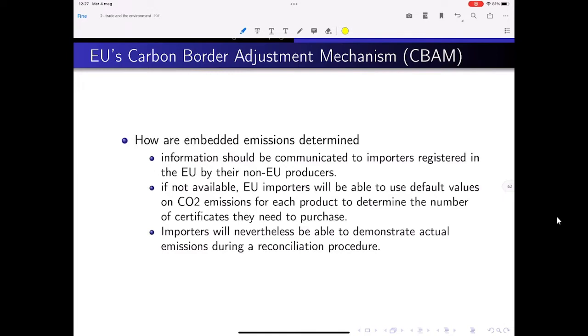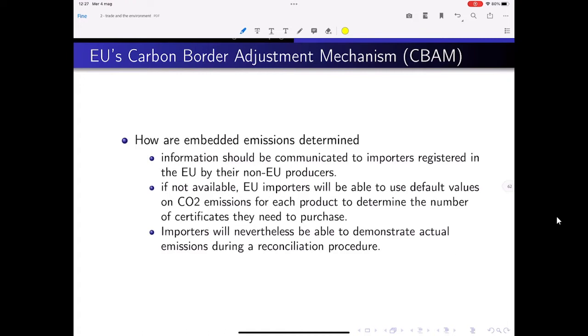And well, the information should be communicated to importers by the non-EU producers. So first of all, by the non-EU producers, and then if not available, there should be default values on CO2 emissions.